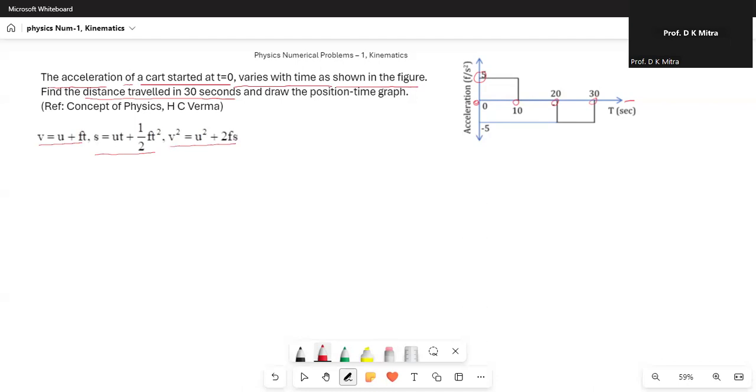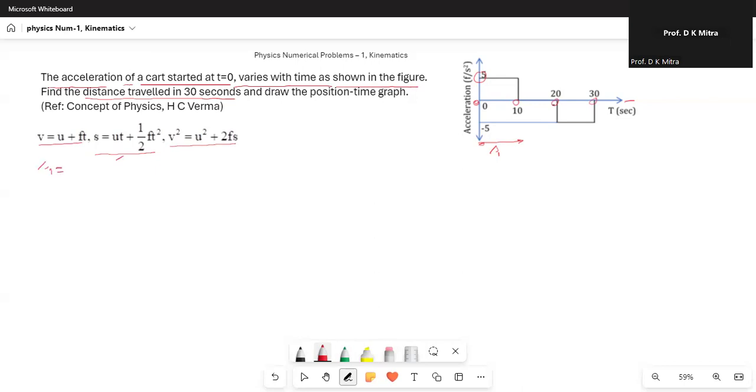So let us first consider this part and say the distance traveled during these first 10 seconds is S1. And during this time, the body has an acceleration. So you can use the second equation to find S1.